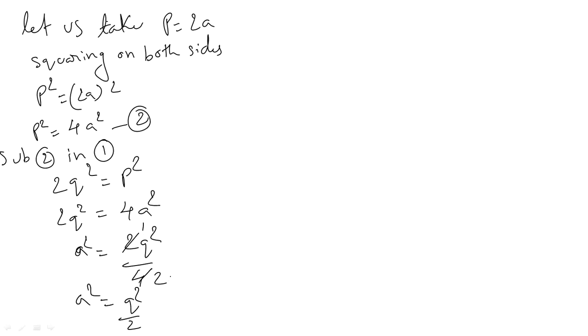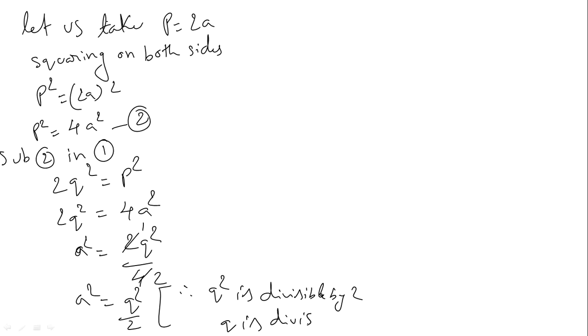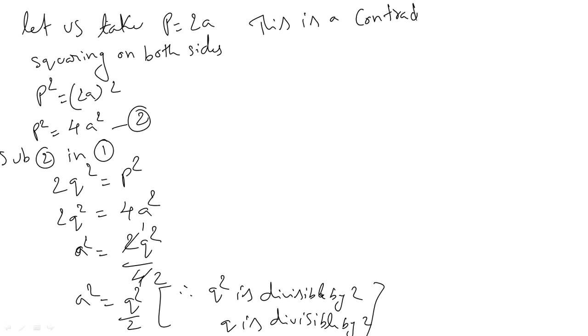Which means q square is divisible by 2, and q is also divisible by 2. Now, this is a contradiction. Why is it a contradiction? Because p and q have a common factor 2.